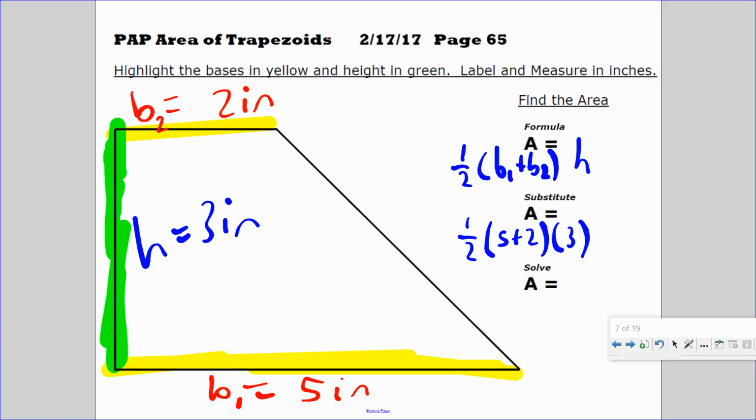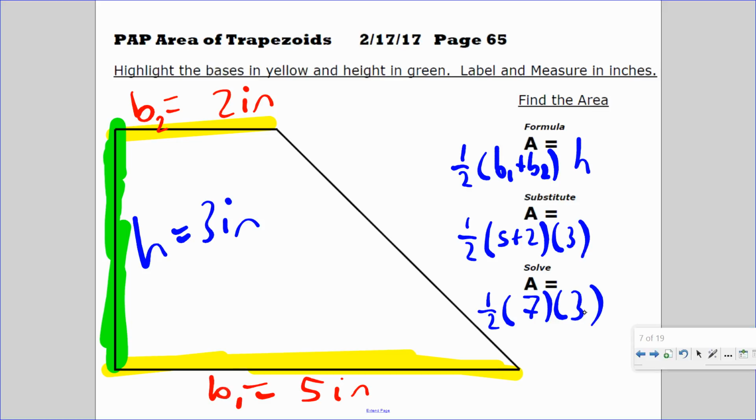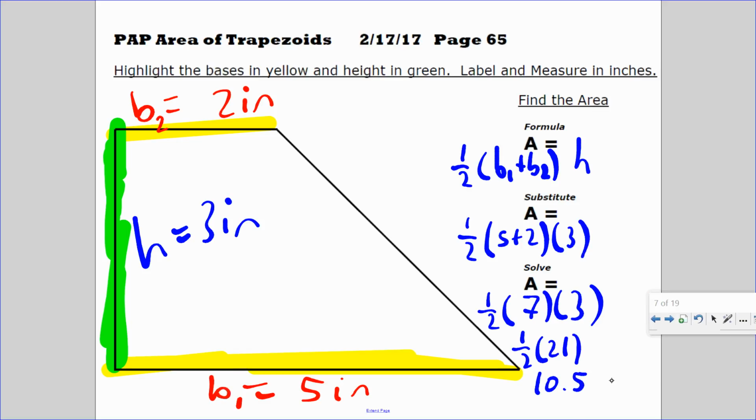So what's 5 plus 2? 7, and 3. So what's 7 groups of 3? It is 21. So half of 21, half of 20 is 10, half of 1 is 0.5. So the area is 10.5 square inches.